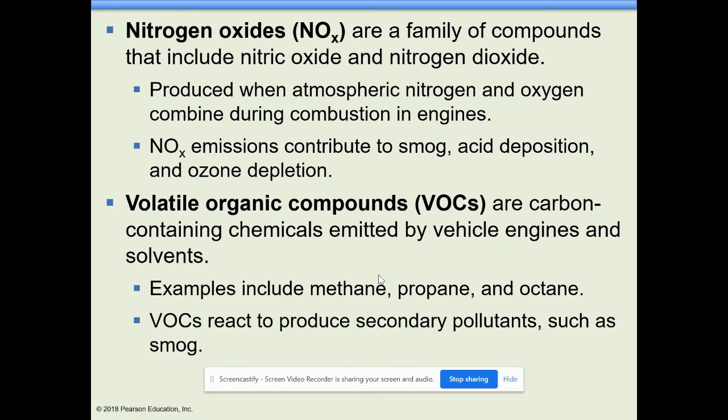When you smell gasoline, what you're really smelling are the VOCs when you're at the pump. That's stuff that's evaporating and getting up into your nose. That can actually cause a lot of respiratory problems, and it's also one of the primary ingredients in smog, the secondary pollutant.